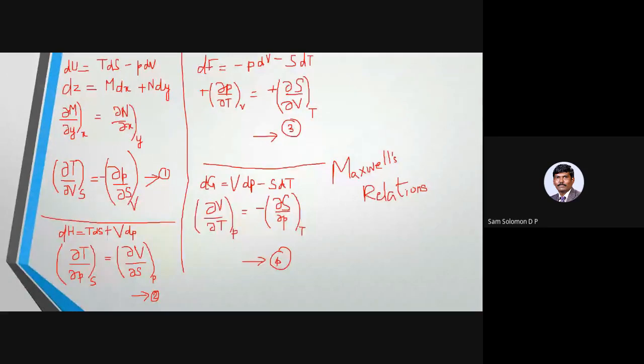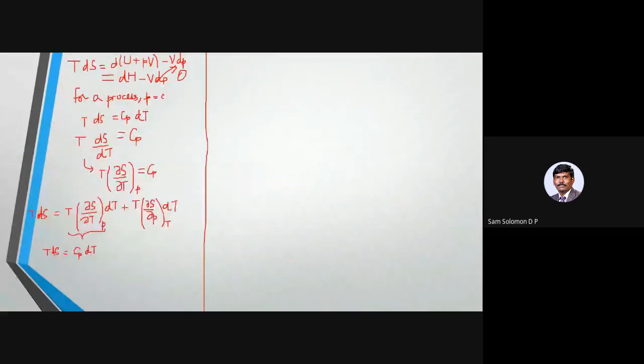So we should replace partial S partial P at constant T with minus partial V partial T at constant P. So we have a minus sign and a T term here, T times partial V partial T at constant P into dP.